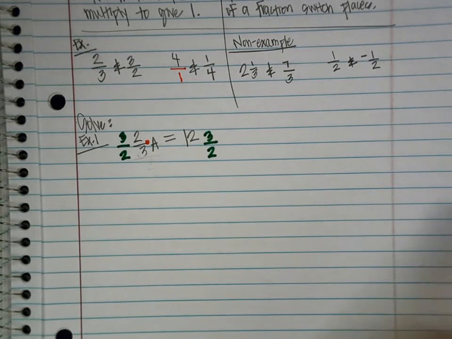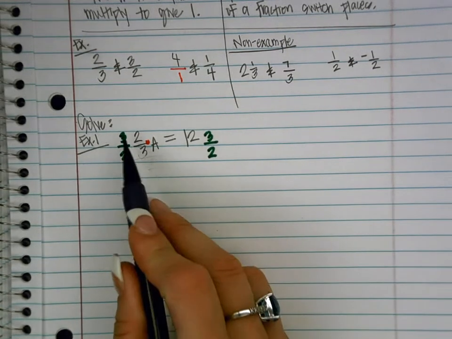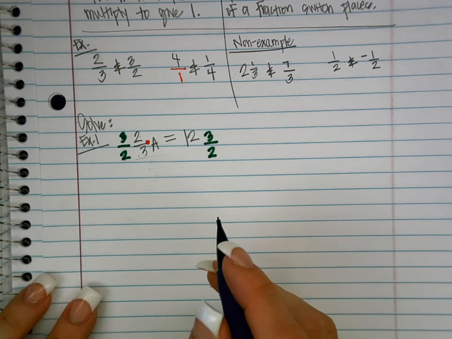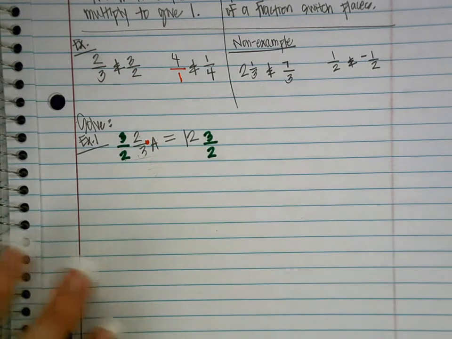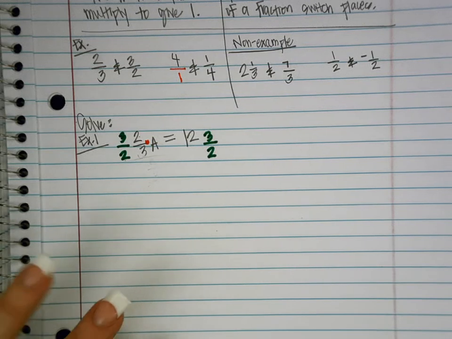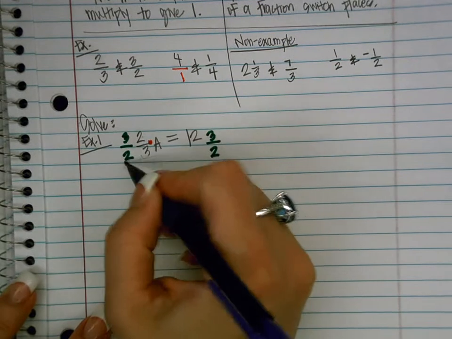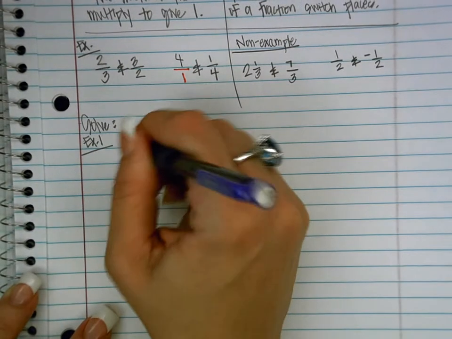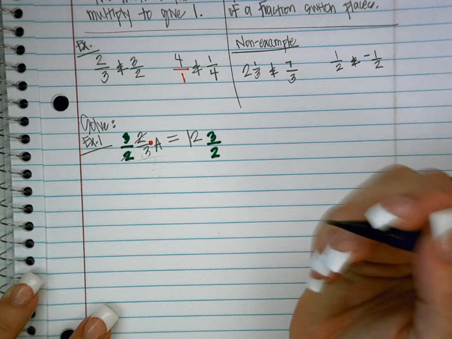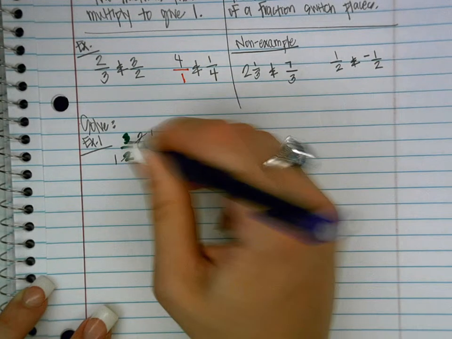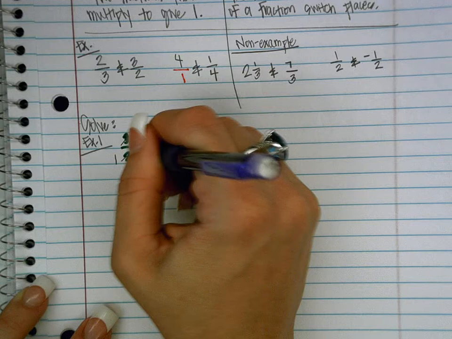Here, what happens with 3/2 and 2/3? I don't know who taught you this, but in math, there is no such thing as cancel. What really happens with the 2 and the 2? They turn into ones, because 2/2 is equal to 1. And the 3/3 turn into ones.